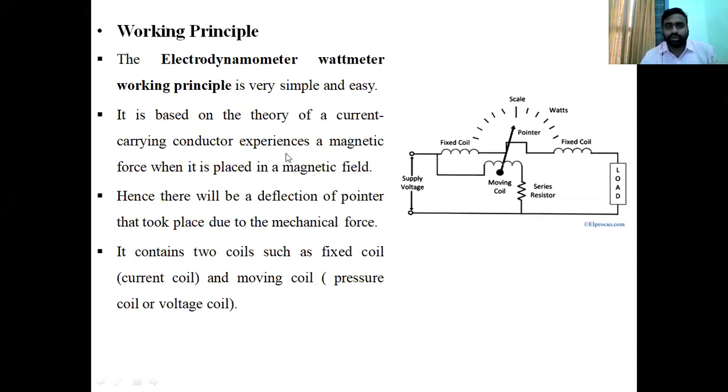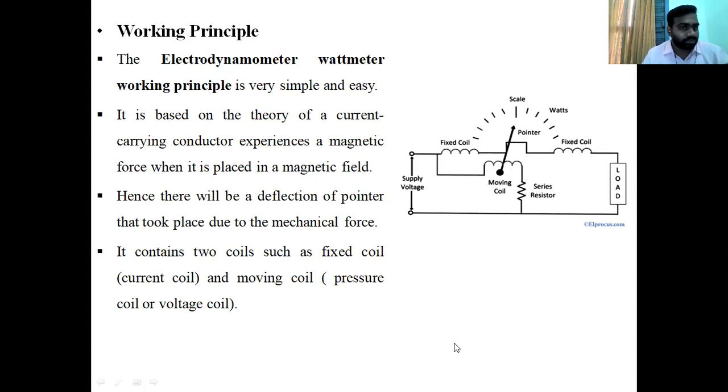So in the electrodynamometer type wattmeter, two coils are present.